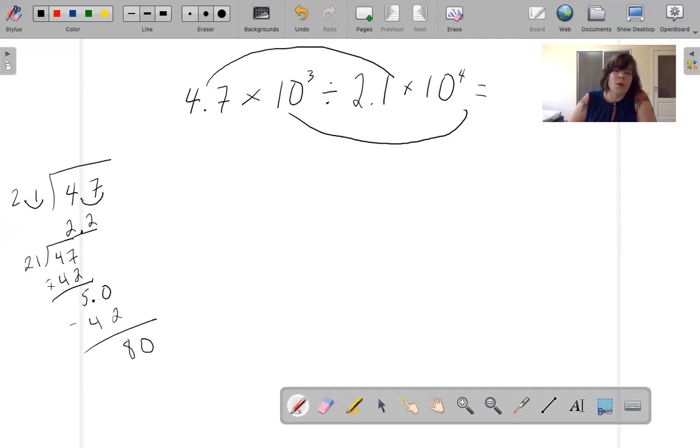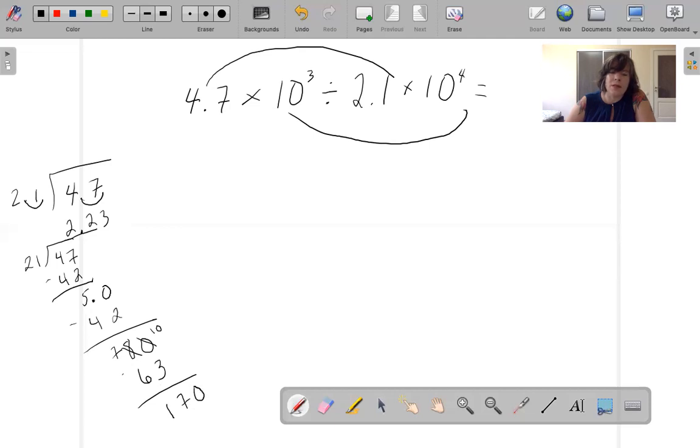Well, I know that 21 would go into 84 4 times. So 20 would go into 84 4 times. This is 21, so it's got to be 3. 3 times 1 is 3. 3 times 2 is 6. 10 minus 3 is 7. 7 minus 6 is 1.